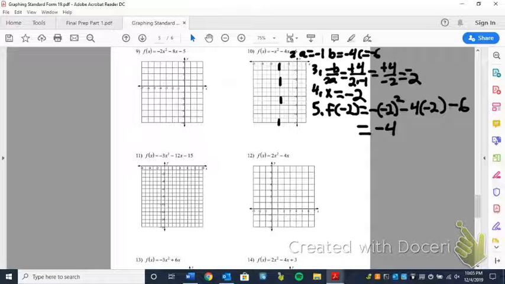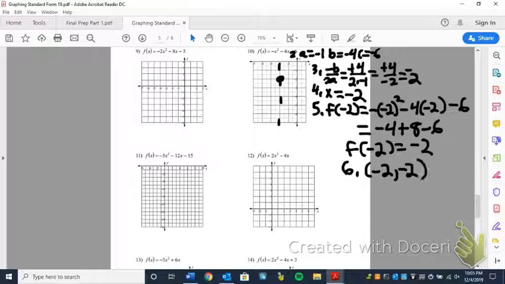Then we have that negative on the outside, so that's negative 4 minus 4 times negative 2, which is plus 8, minus 6. Negative 4 plus 8 is 4. 4 minus 6 is negative 2. So that means that our vertex is going to be at negative 2, right there.